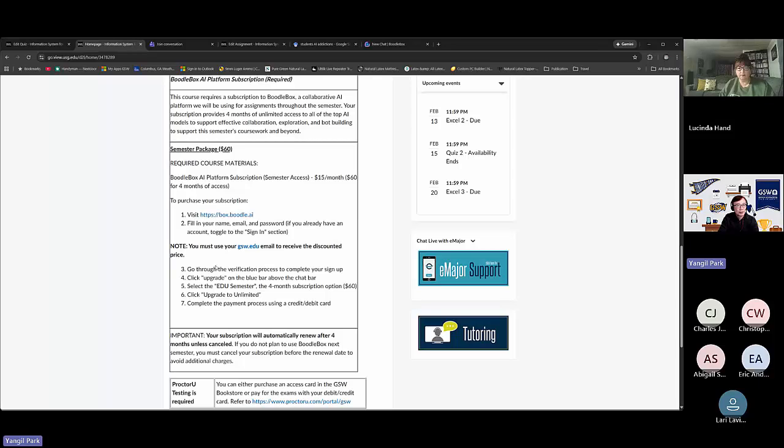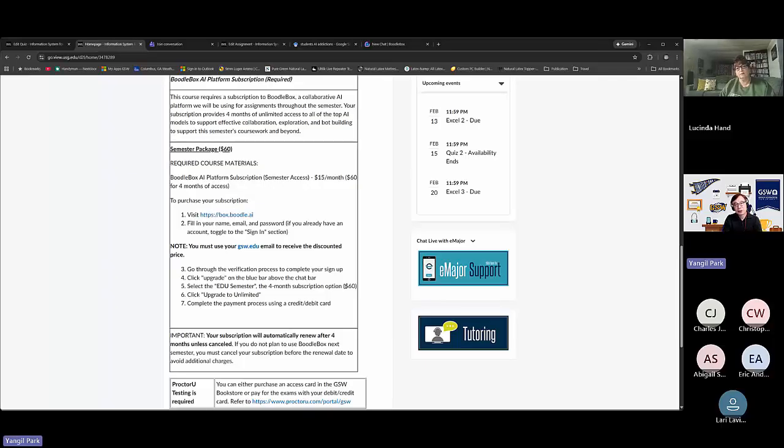By this time you should be able to navigate and create some of those chats, and create a folder and do assignment 1. That's what we are trying to do with BoodleBox.